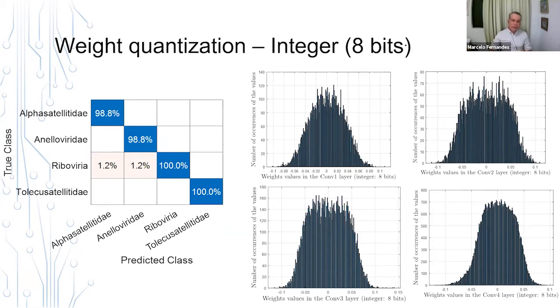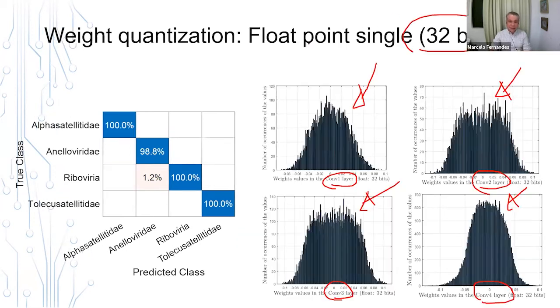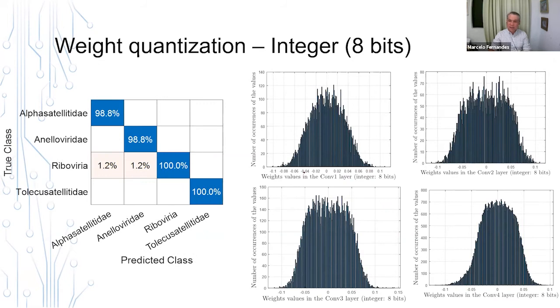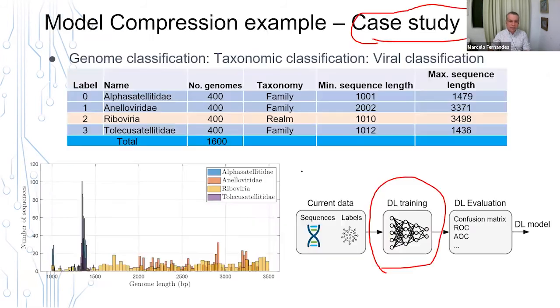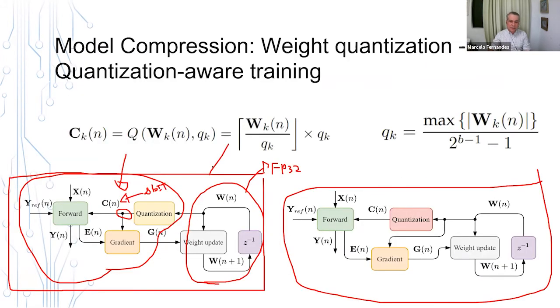And you can see that my accuracy is very similar, but now I'm using integer 8 bits. It's not float point. In this case I'm using this scheme, I don't remember now, I'm sorry, but it's very similar.